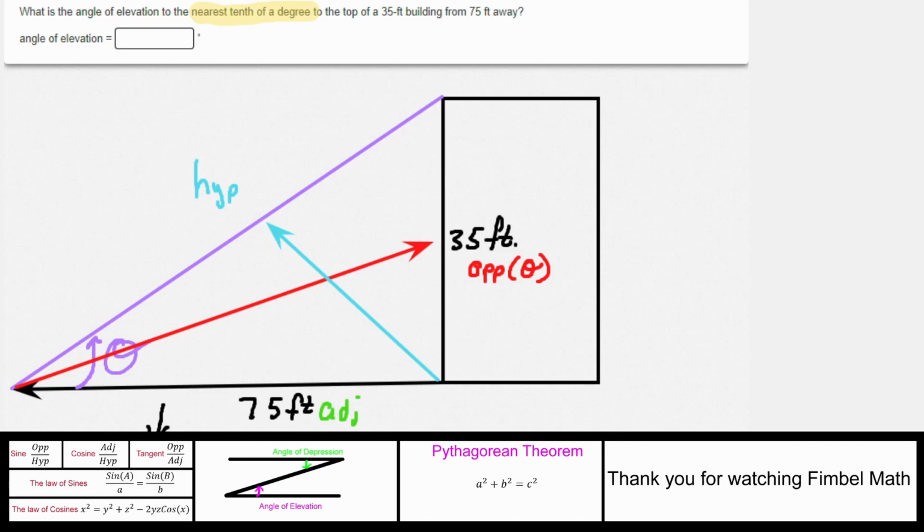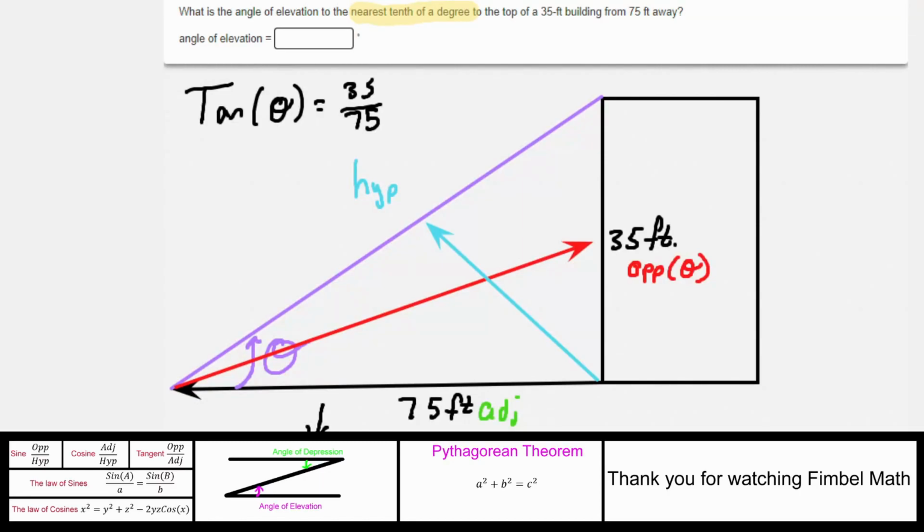So here I'm going to say the tangent of theta is equal to the opposite over the adjacent. Now we can plug that into a calculator to see what we get.